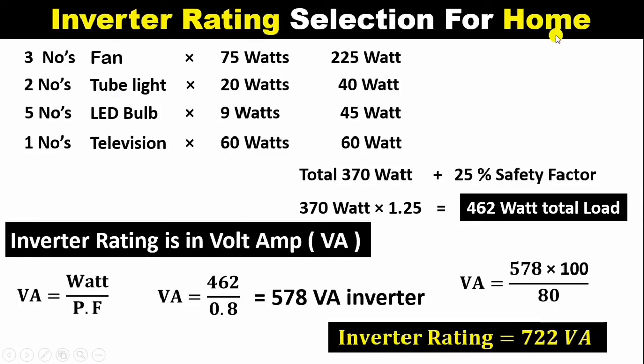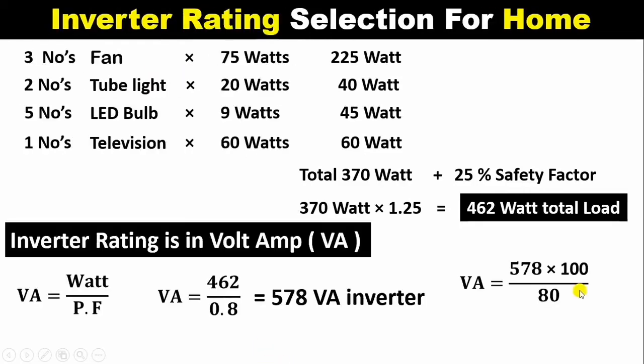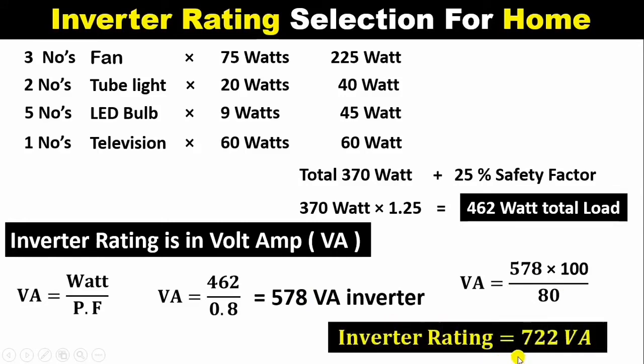So having multiplied the 578 volt ampere, we would have 722 volt ampere, which would actually cater for our loads without any problem or any fault within the system. So this is basically how we could make our inverter rating.